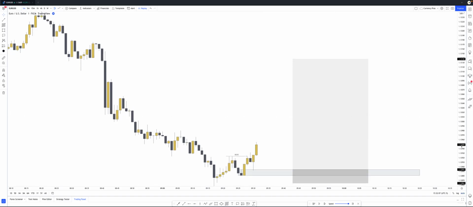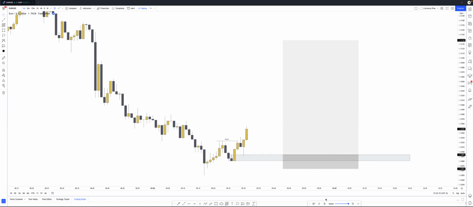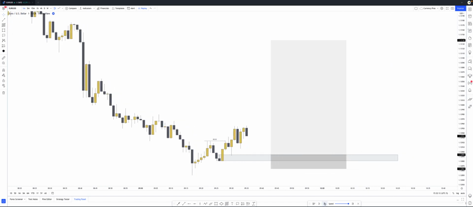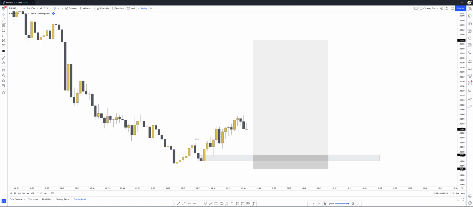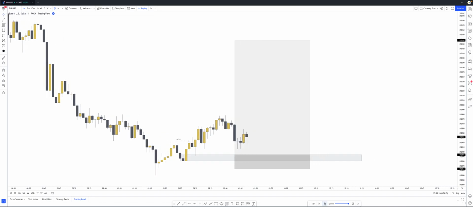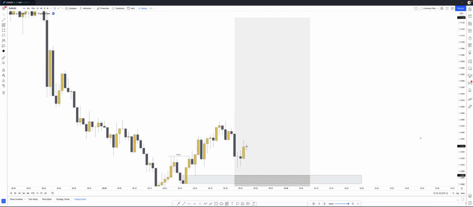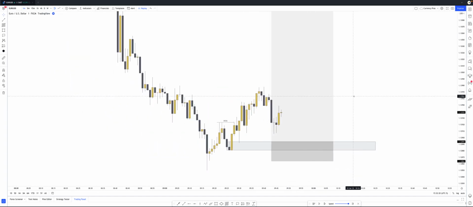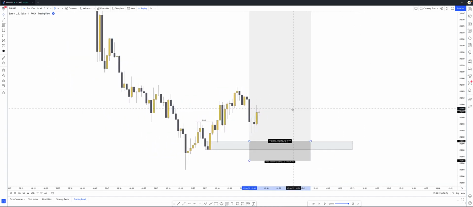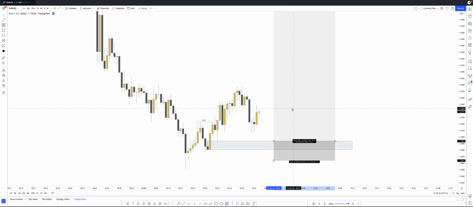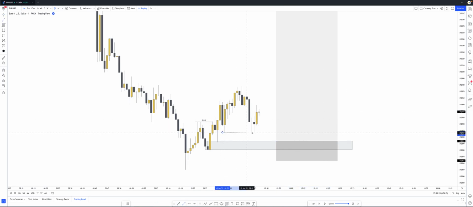So before I get too far ahead of myself, let's play price forward and see what happens here and see when and how this trade would have been triggered in. Okay, so as we can see, the position is not triggered in yet, but one thing I'd like to outline here is we have resting liquidity here in the form of equal lows. So that basically adds confluence to this demand zone, right?